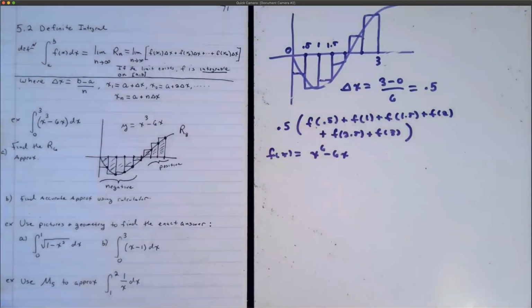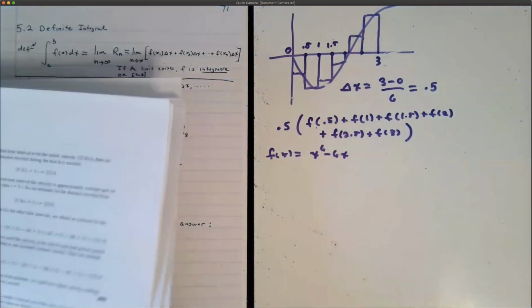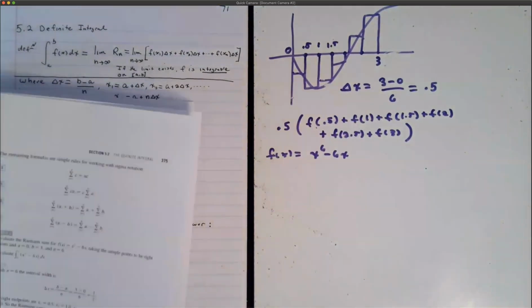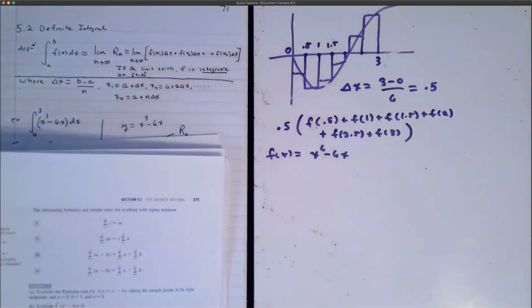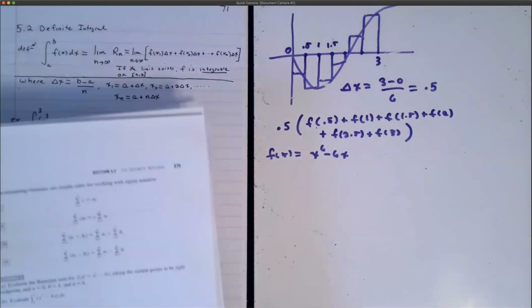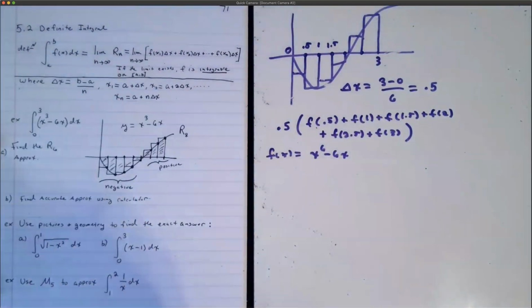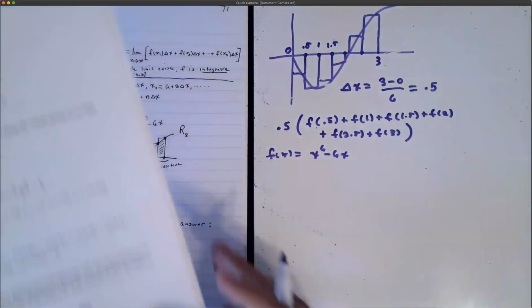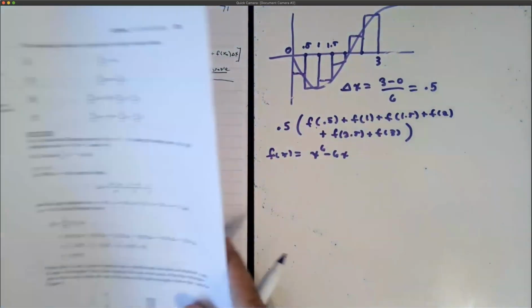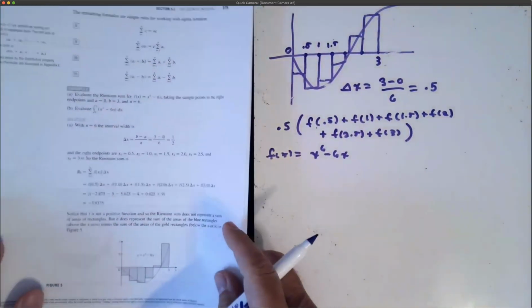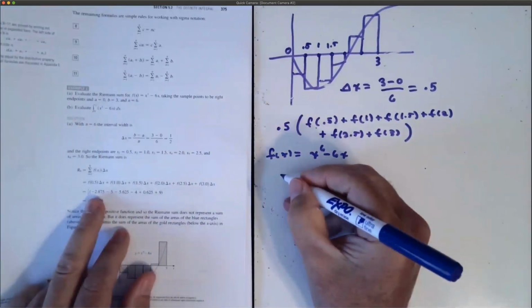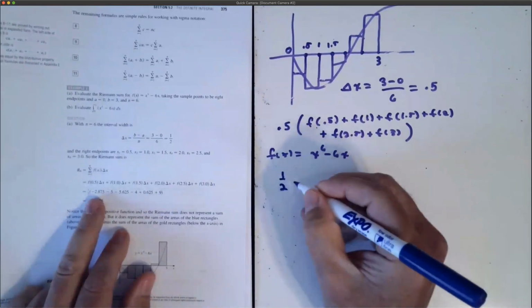All right, so take a minute to try to evaluate that Riemann sum. If you do it correctly, what you should get is 1/2 times the following.